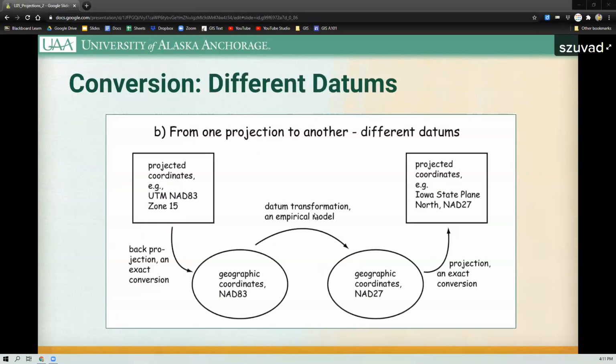If we have a system where we're working with two different geoids, two different datums, and we're trying to take projected coordinates from one of those to the other, we have actually 3 transformations that have to happen. So you can imagine that's a lot more error prone.